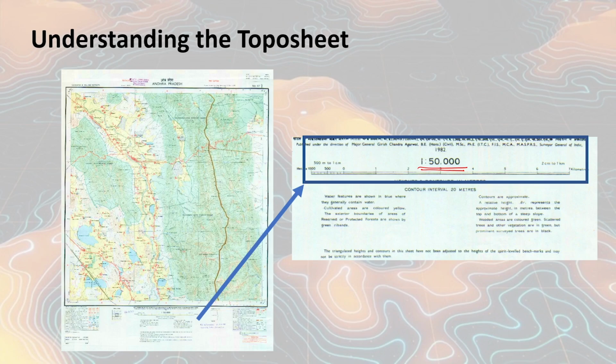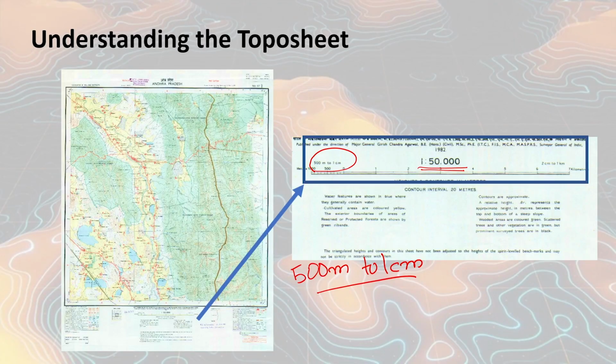If you look carefully, in most Indian topo sheets, you will find it to use 1:50,000, and here it says 500 meters to 1 centimeter, meaning 1 centimeter on your topo sheet represents 500 meters or half a kilometer in the real world. So, please keep in mind the units in which your topo sheet scale is mentioned.